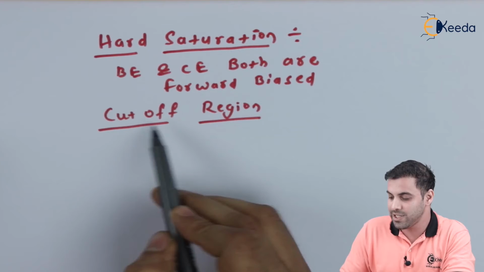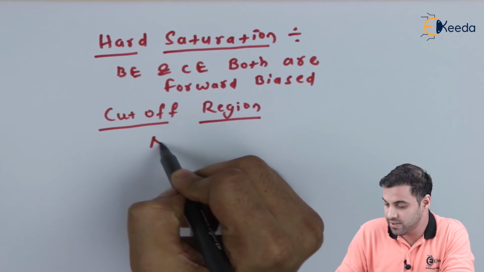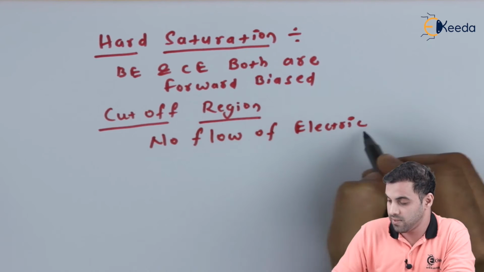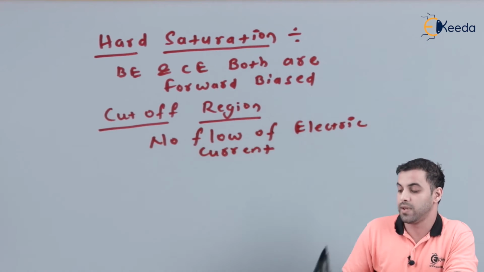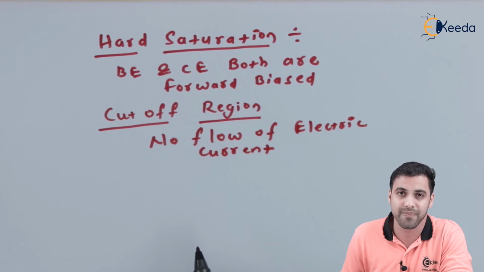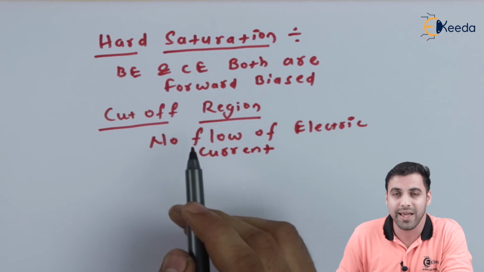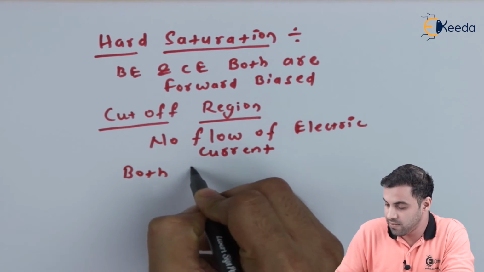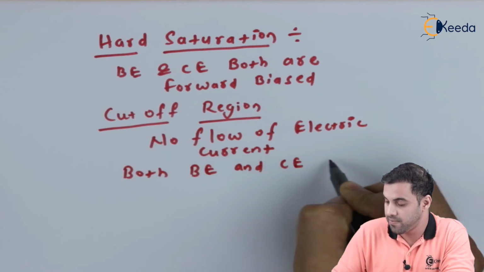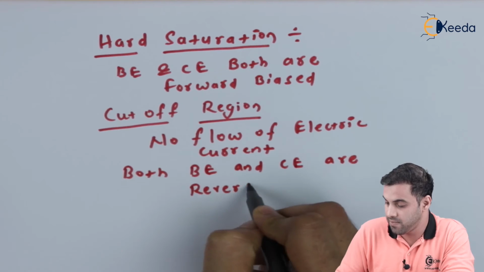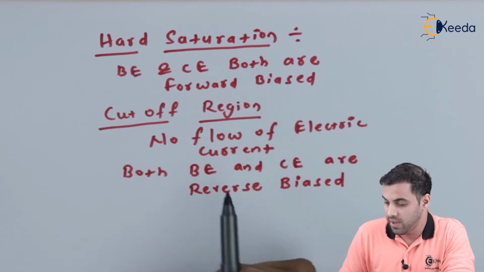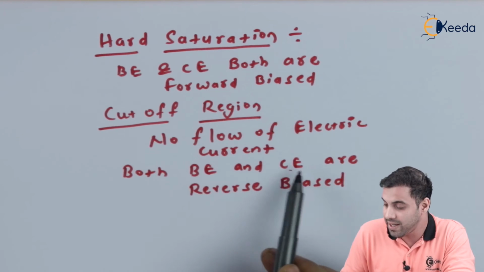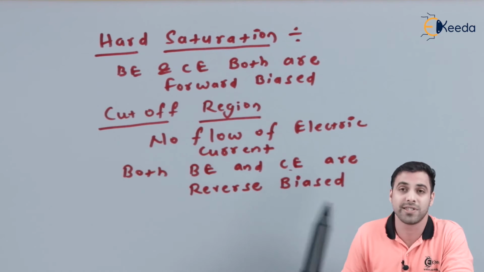So here, in case of a cutoff region, there is no flow of electric current. The reason being, in a cutoff region, both the base emitter and collector emitter junctions are reverse biased.